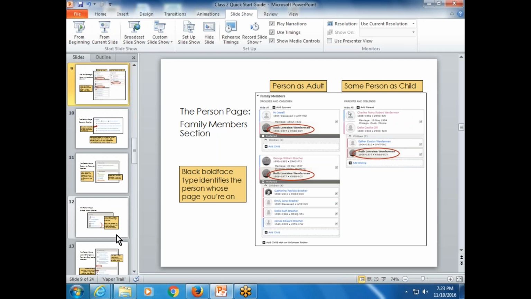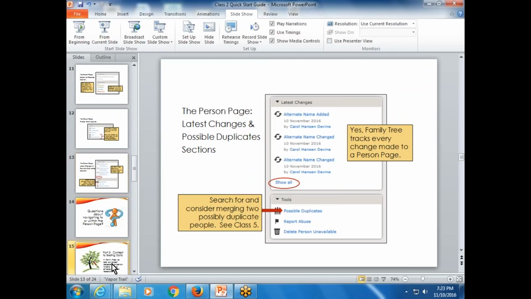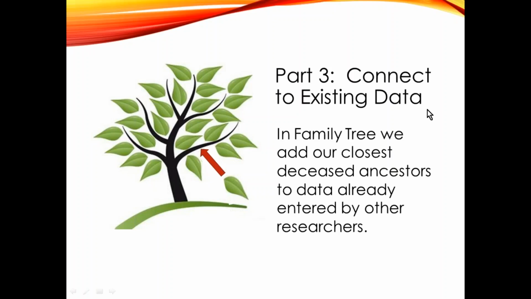Let's see if I can quickly skip down here to here from the current slide. Okay, so now we are starting the third and final section of our class tonight. And this part of our class has to do with just what I was talking about just now.